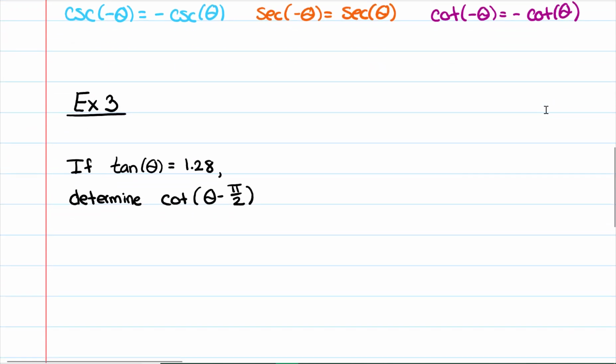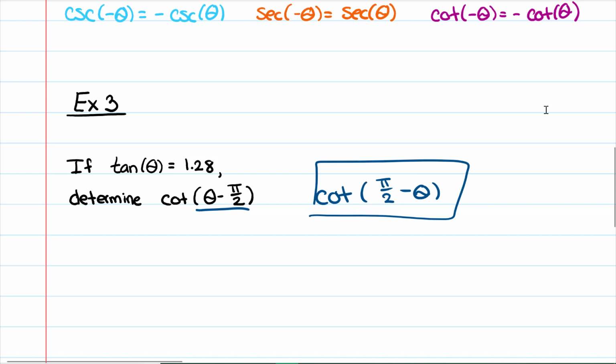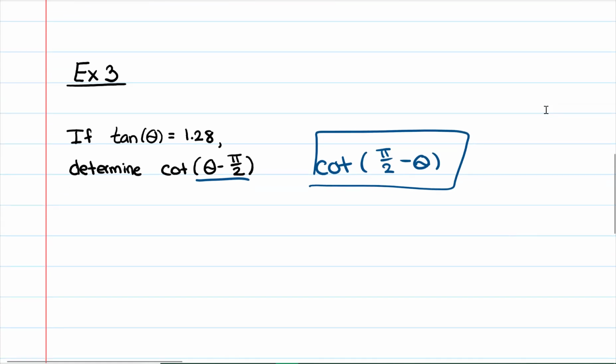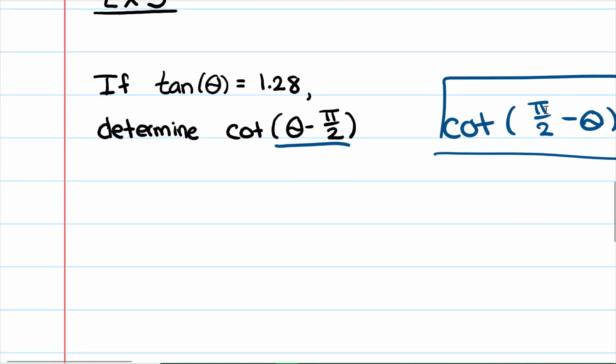All right, example 3. So if tangent of theta is equal to 1.28, I want to know what is cotangent of theta minus pi over 2. So this almost looks like our identity. However, our identity is cotangent of pi over 2 minus theta. So we can't use the identity unless it looks exactly like that. So what I'm going to do is factor out a negative from the inside.